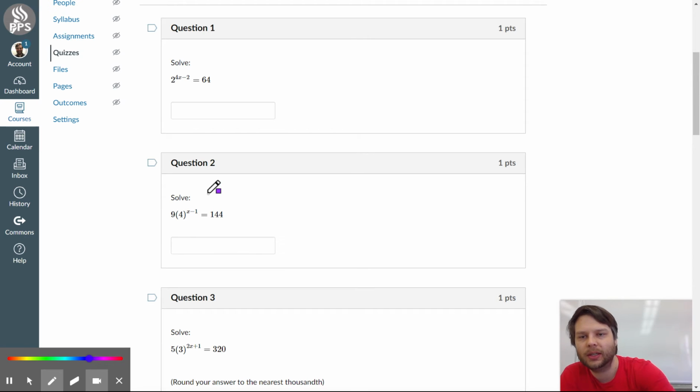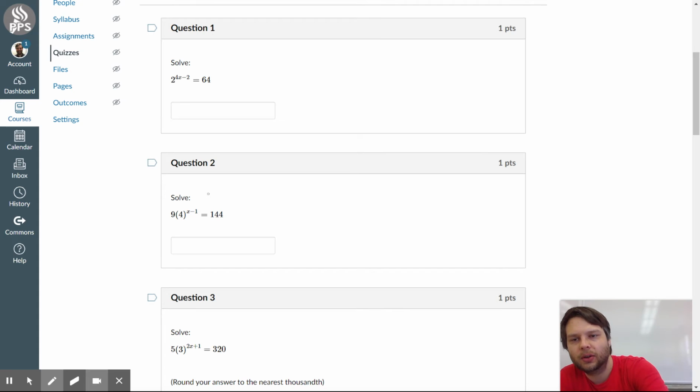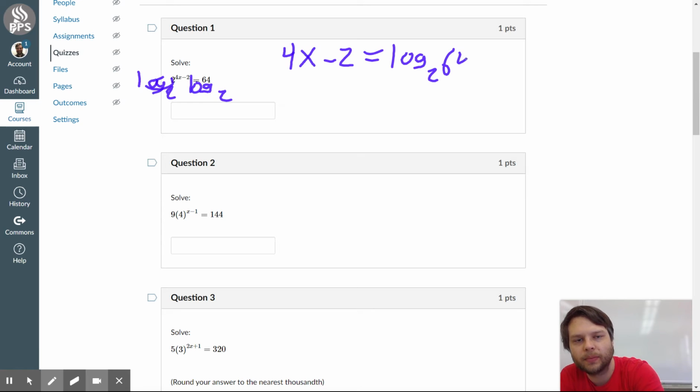So problem 1, we've got 2 to the 4x minus 2 equals 64. We're going to go ahead and use a log base 2 on both sides because that will eliminate the base of 2, the exponent. So now we have 4x minus 2 equals log base 2 of 64.